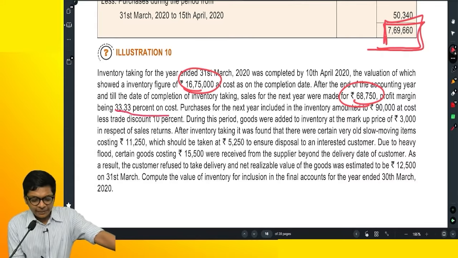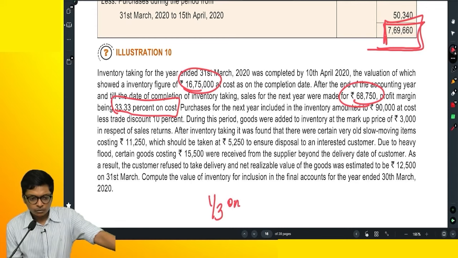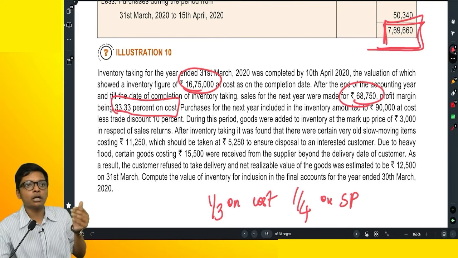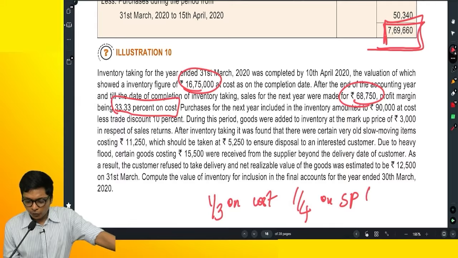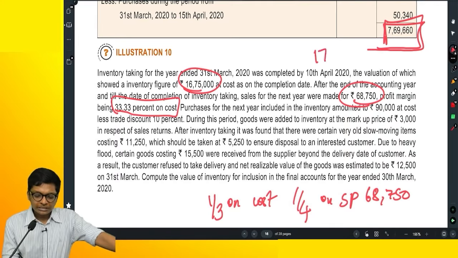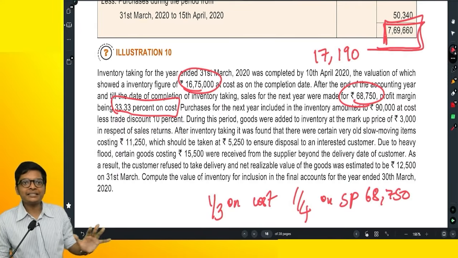It is 33 and 1/3 percent on cost, so 1 by 4 on selling price. How many of you applied 33% directly? That's wrong. It is 1 by 4 on selling price. So 1 by 4 on 68,750 is how much? 17,190. Okay. So let me start off, guys.